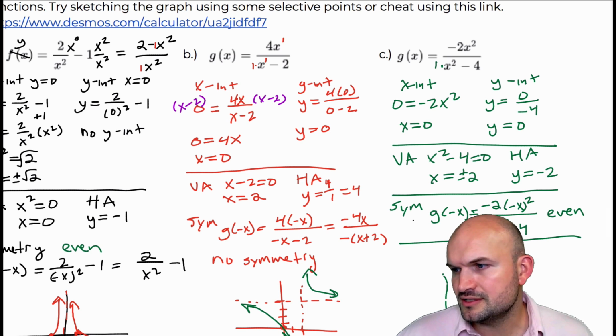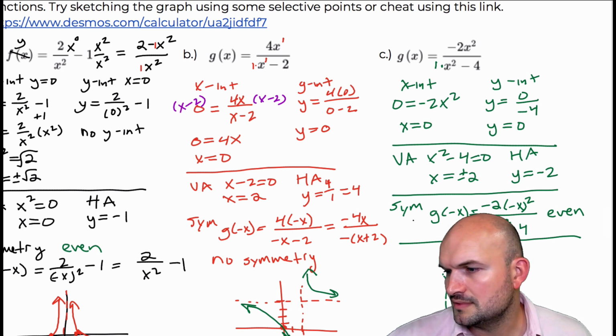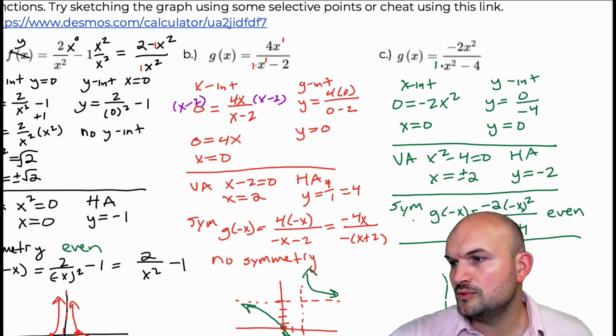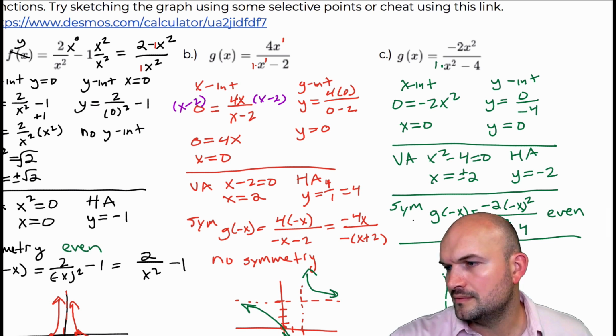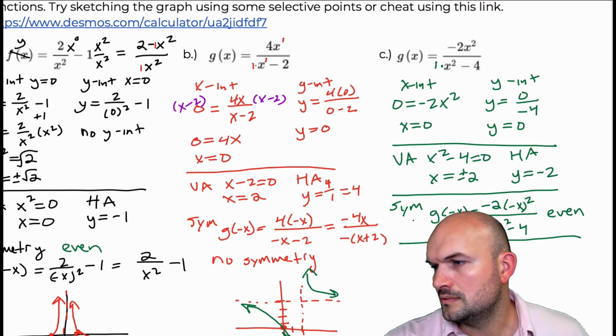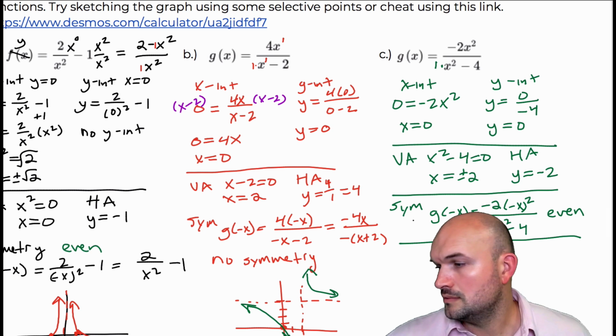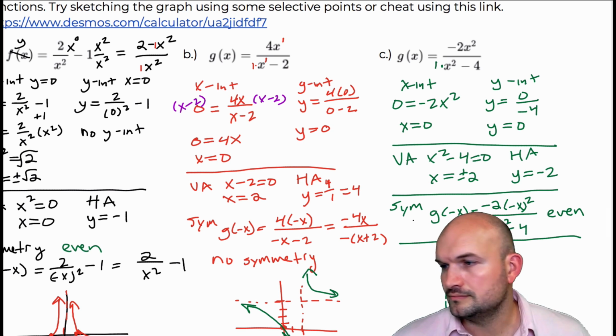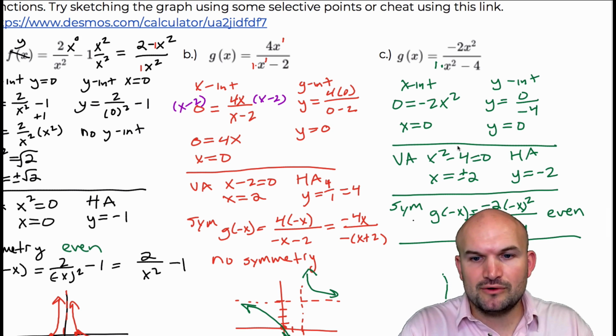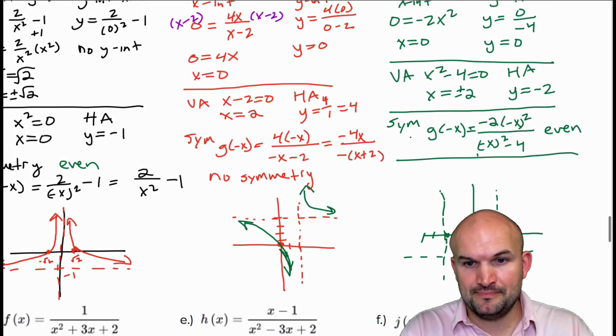Oh, actually I didn't graph this, so I messed that one up. So I'm going to put this up real quick, and then I'll come back. Okay, so now go ahead and take a look at that.